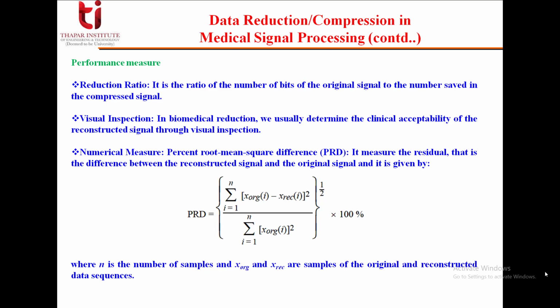PRD is equal to the whole under root, summation i equal to 1 to n, of x original, the original data, minus the reconstructed data, whole square, divided by summation i running again from 1 to n of the original data square. So here n is the number of samples, and as I said, x ORG is the original sample or data sequence, and x REC is the reconstructed data sequence.